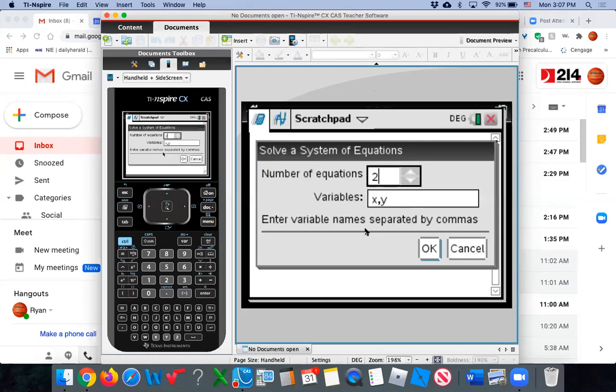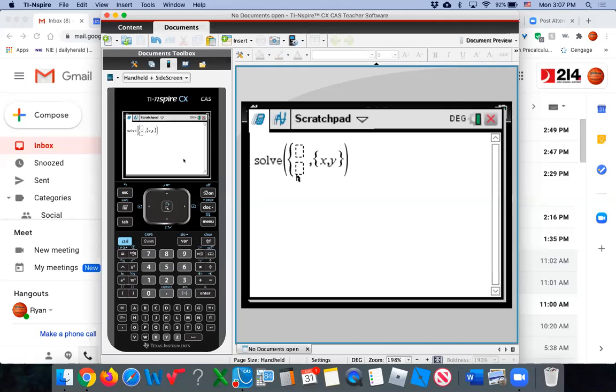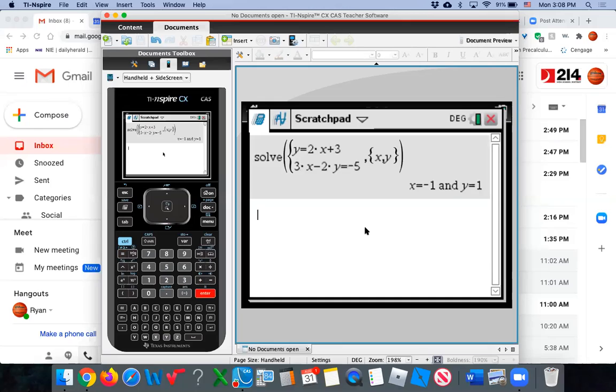So if I wanted to solve a system, two equations, two unknowns, it just pulls it up. Like we just did on the iPad, we did y equals 2x plus 3, and 3x minus 2y equals negative 5. And there it is.